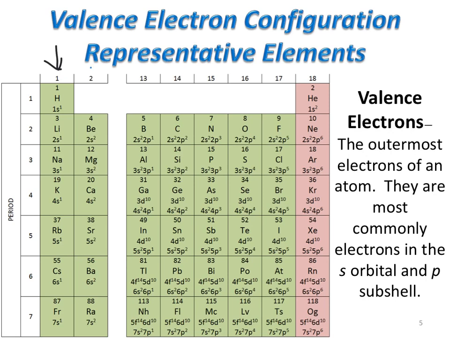In group 2, beryllium is 2s2, magnesium 3s2, calcium 4s2, and so forth. Jumping over to group 13, as you can see, now the first electron in the p subshell is added.